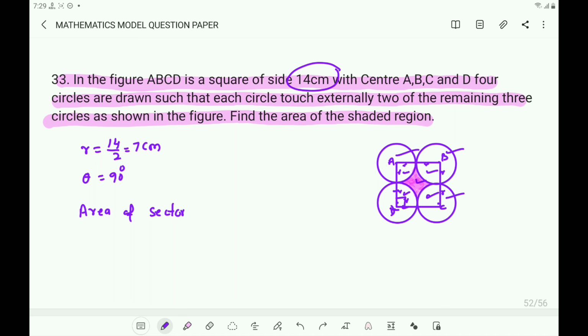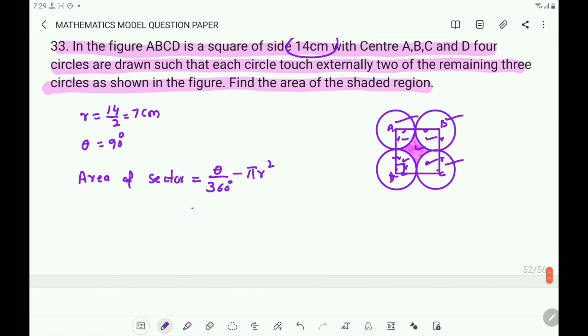So area of the sector equals theta by 360 degree into pi r square. And theta is 90 degree, that is 90 divided by 360 degree into pi value. What is the value of pi? Pi value is 22 by 7, into r square. R square means 7 square, that is 7 into 7.